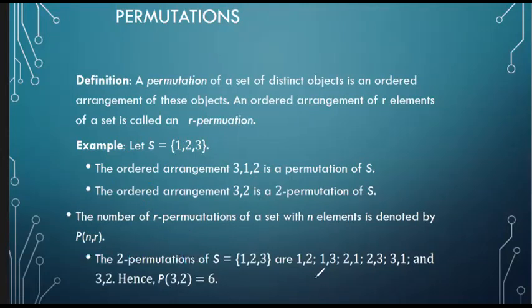So we have seen the two permutations, 1 2 and 2 1 are different. 1 3 and 3 1 are again different, and 2 3 and 3 2 will also be different. So in total we will have 6 permutations.